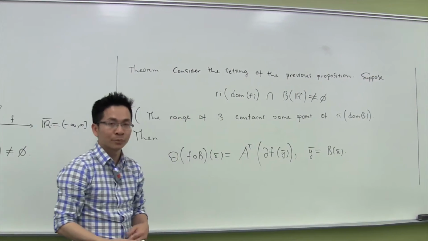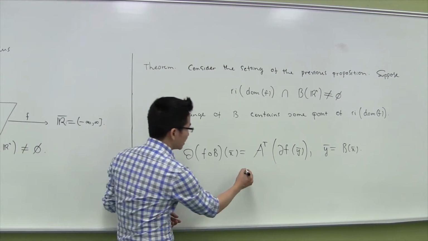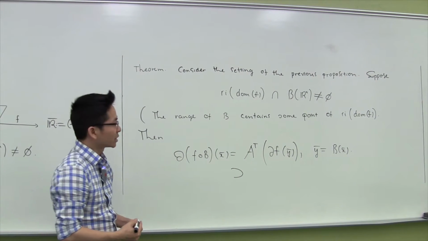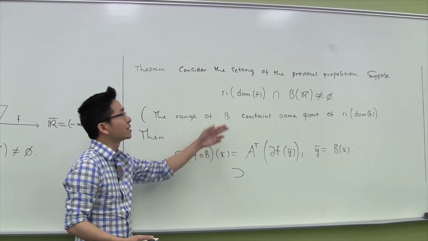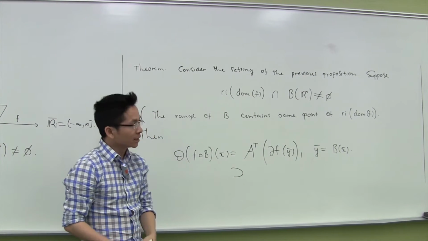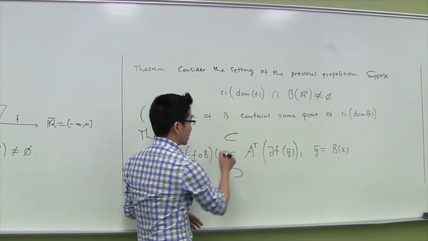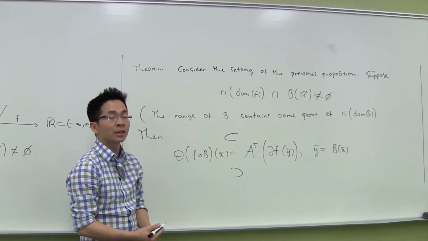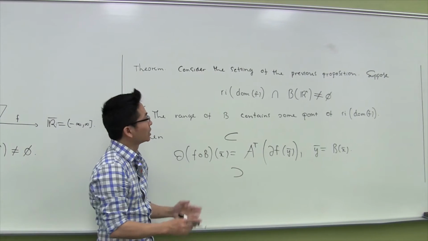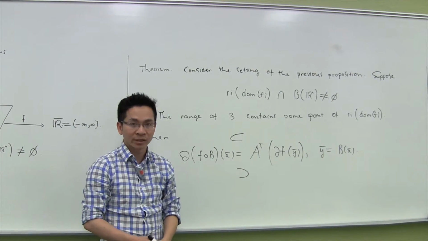Now, in the previous proposition, we already proved that this inclusion is always satisfied. And note that this inclusion doesn't require this assumption. Now, under this assumption, we will show that we actually have the reverse inclusion and therefore obtain this nice equality. Okay, so let me go ahead and give the detailed proof of the main theorem of the section.